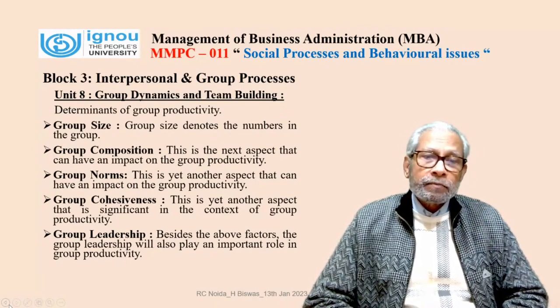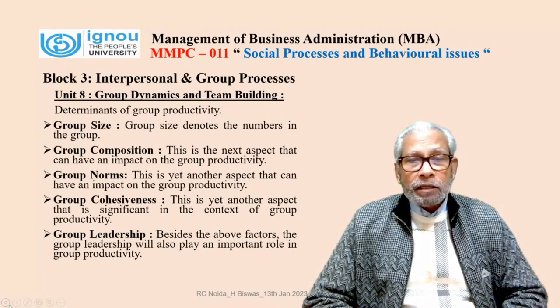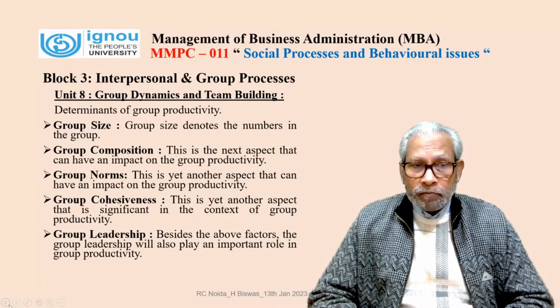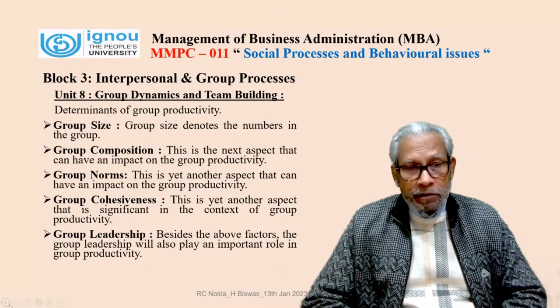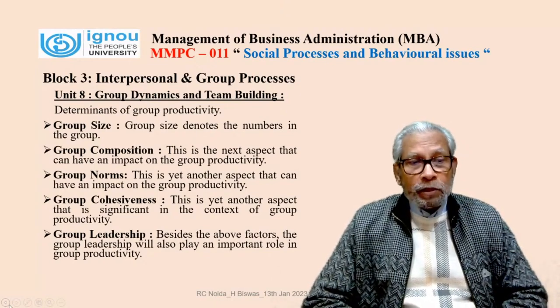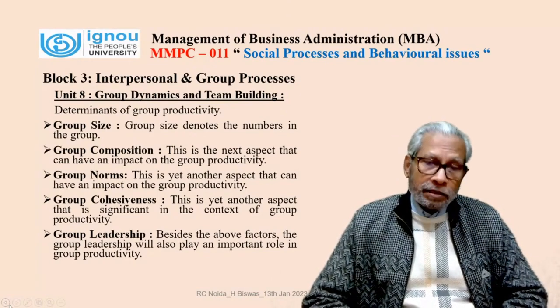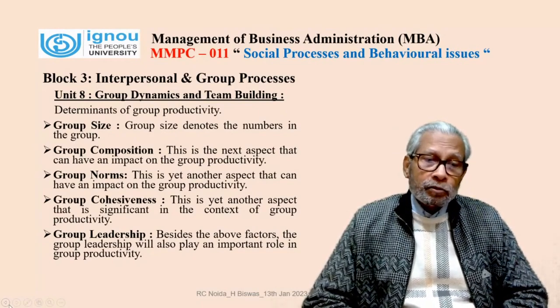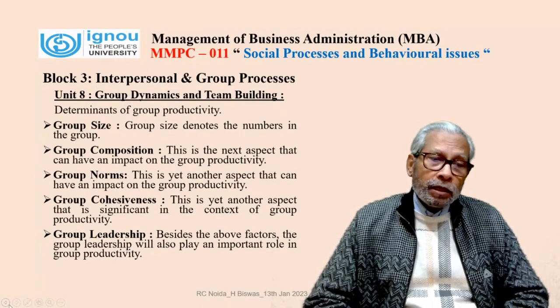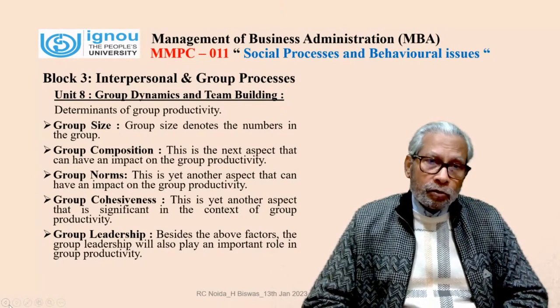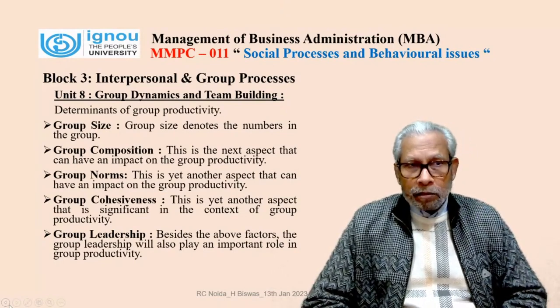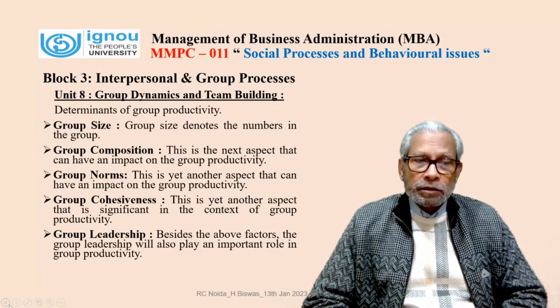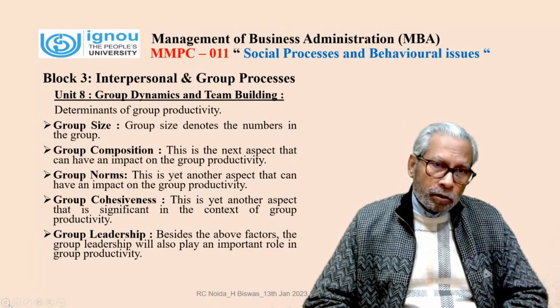This is another aspect that is significant in the context of group productivity. Cohesiveness is very important. Then group leadership. Besides the above factors, group leadership also plays an important role in group productivity. So these are the determinants of the group.